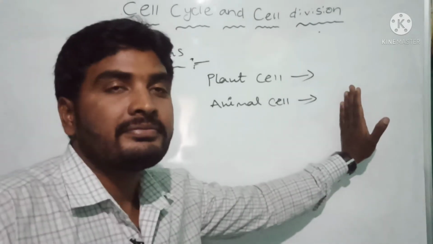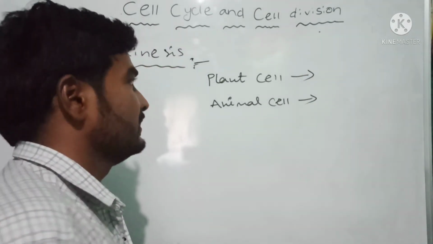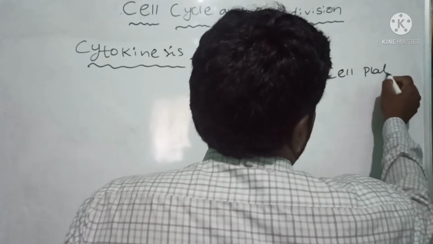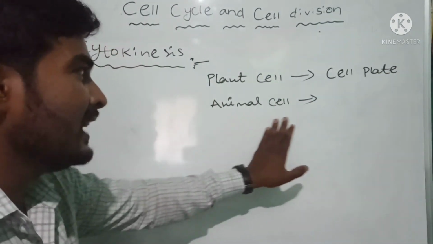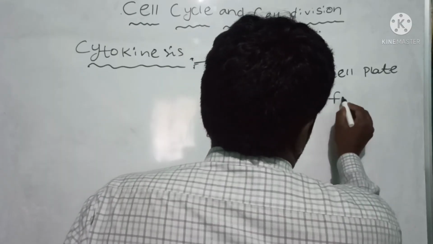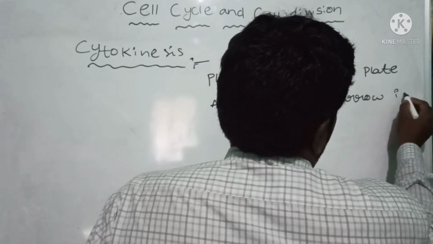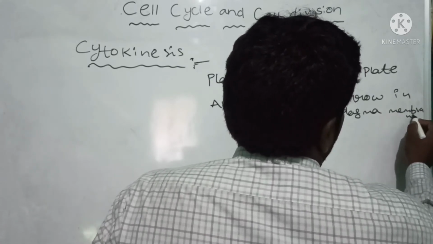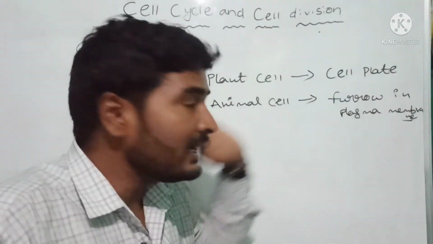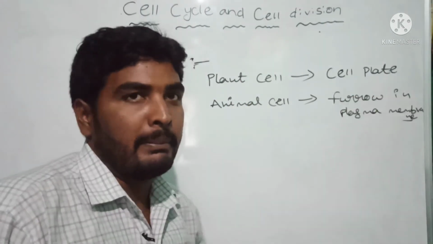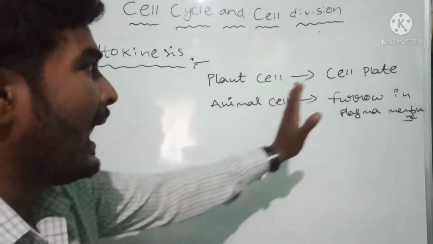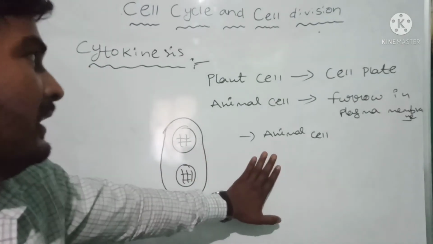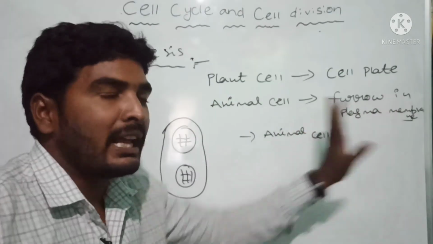Cytokinesis occurs in plant cells by the cell plate, and in animal cells by a furrow in the plasma membrane.